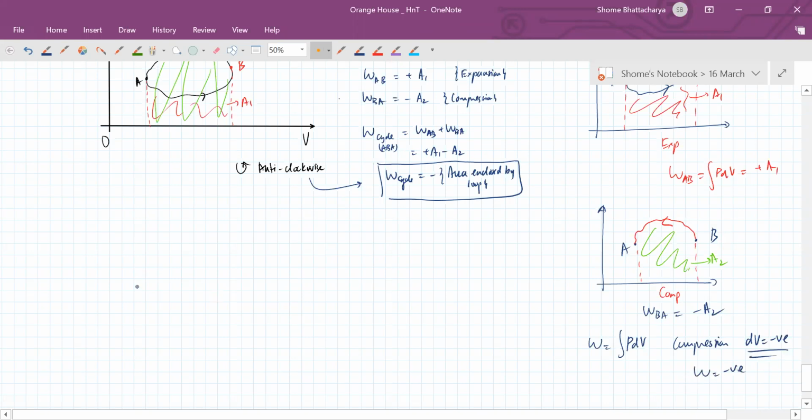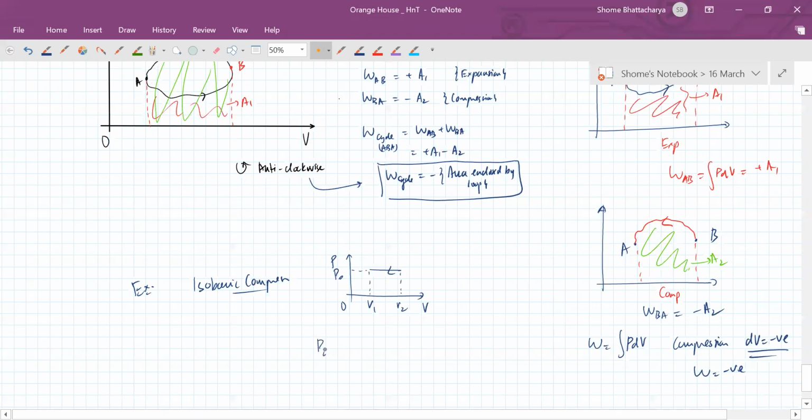नेगेटिव. For example, if we take an isobaric compression, okay, now isobaric compression कैसा दिखता है? ऐसा दिखता है. Pressure is constant. Okay, let's say pressure is P naught.